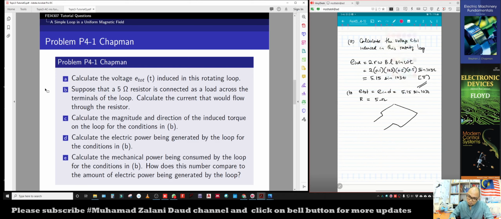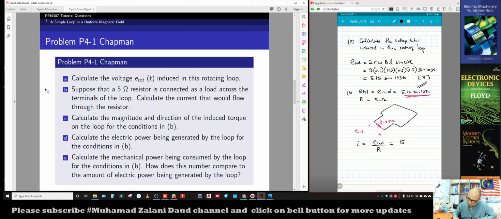We have this wire loop, then I connect this resistor, and across this we have E in. So basically we can just calculate the current I as E in divided by R.